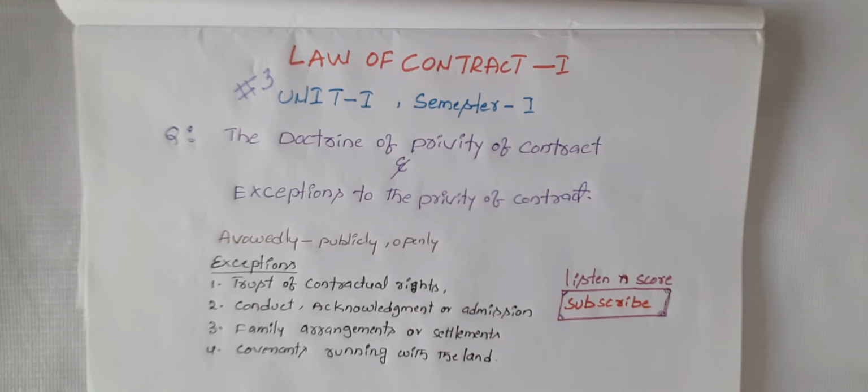Brief facts: An old woman had certain landed property. The plaintiff in this case was her sister. The defendant was her daughter. The old woman executed a registered gift deed in favor of her daughter, the defendant.